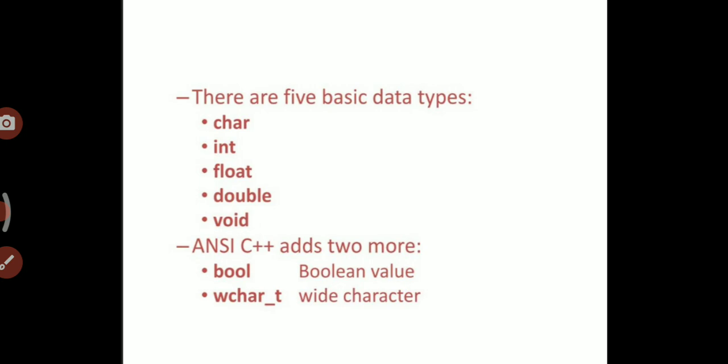There are 5 basic data types: char, int, float, double, void. C++ adds two more: bool and wchar_t, meaning wide char.